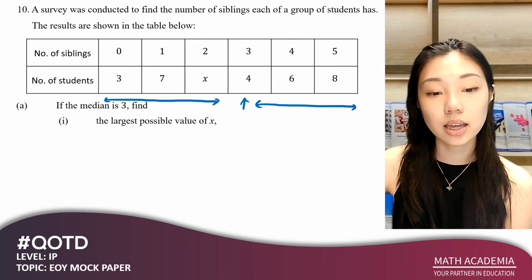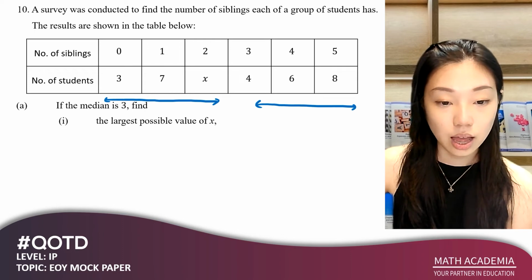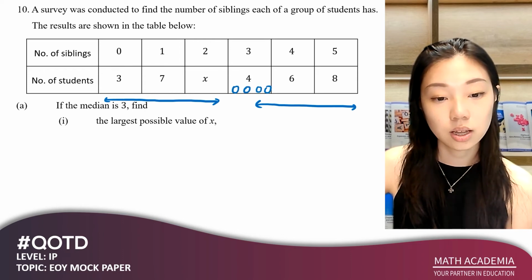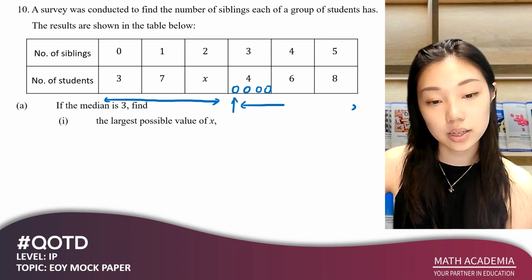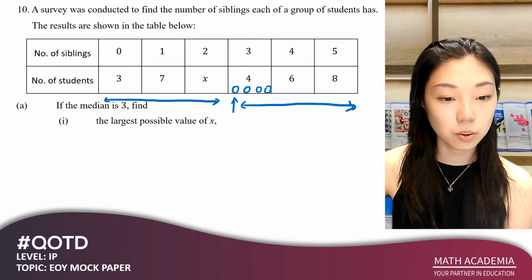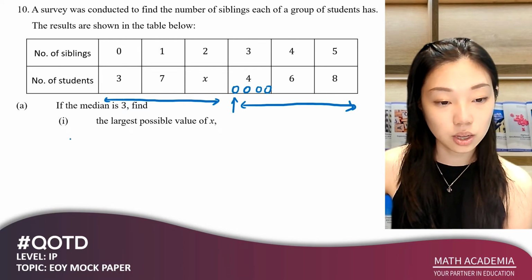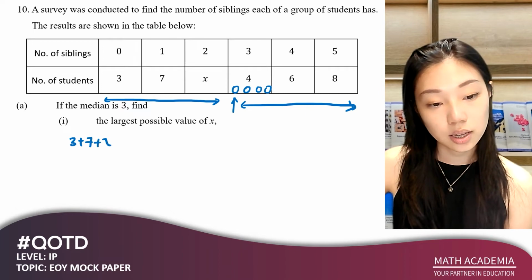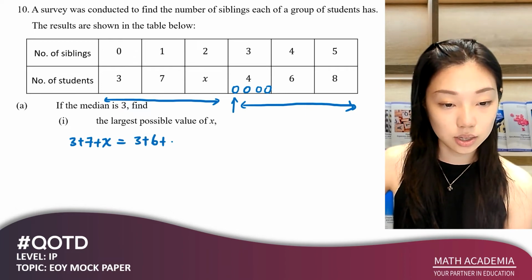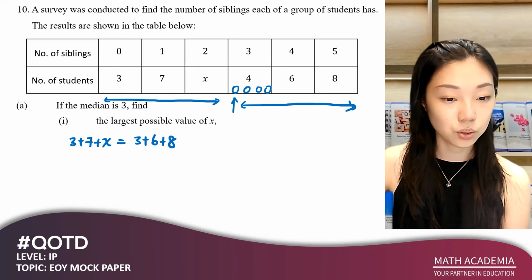Let's say I have 4 students with 3 siblings. Let's say the median is this student over here, just to maximize my value of x. So my largest possible value of x would be 3 plus 7 plus x equals 3 plus 6 plus 8.